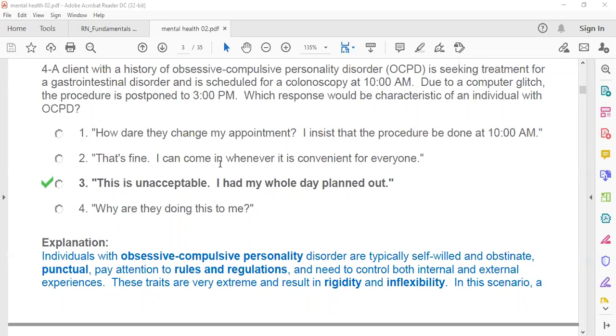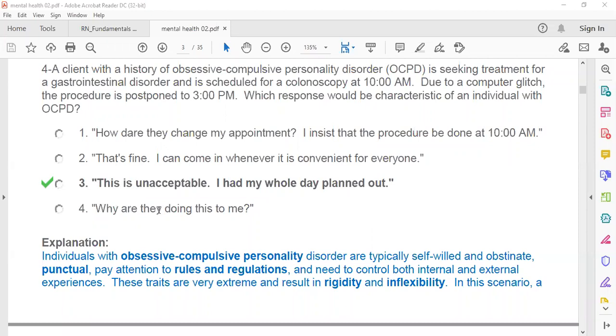Question number 2, that's fine, I can come in whatever is convenient for everyone. So number 2 is actually a typical healthy person, not mental health related, but my patient is already diagnosed with obsessive compulsive disorder. So number 2 is not for this. Number 3 is the answer, but what about number 4 first?